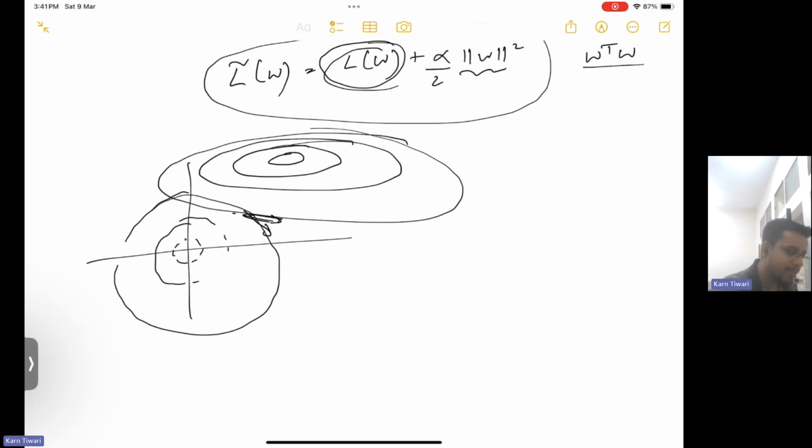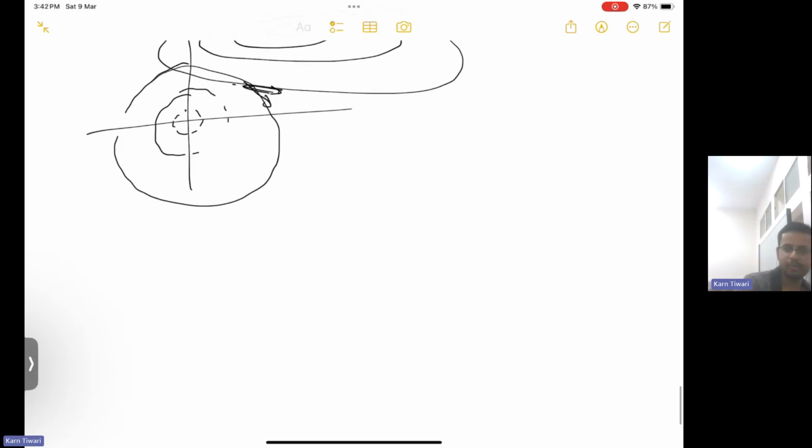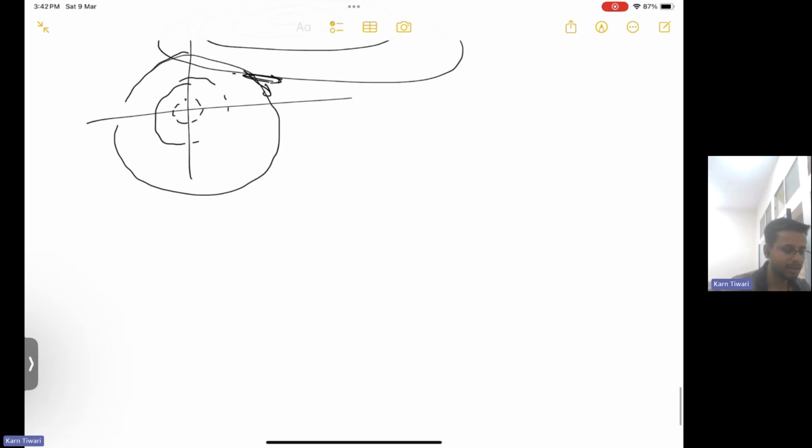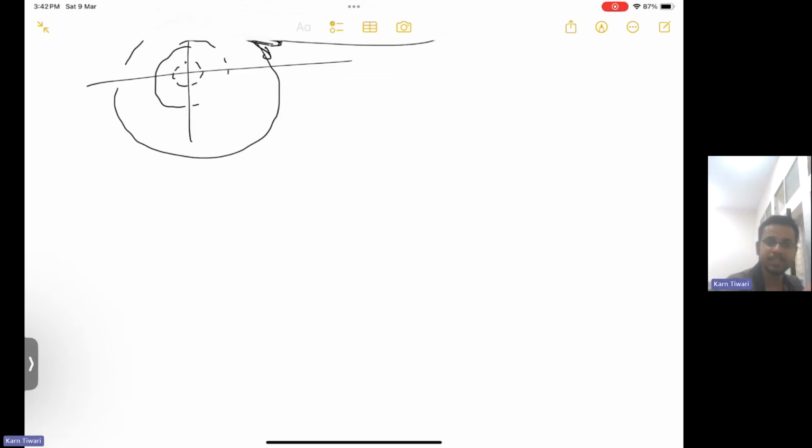If you want to minimize both together, the minimum will be at a point where the tangent of the first loss term equals the tangent of the second, and they add up in opposite directions and nullify each other's effect. That is related to optimization. If you're interested, search about Lagrangian multipliers and similar topics.